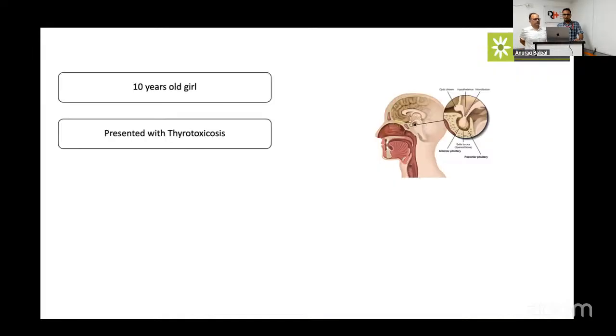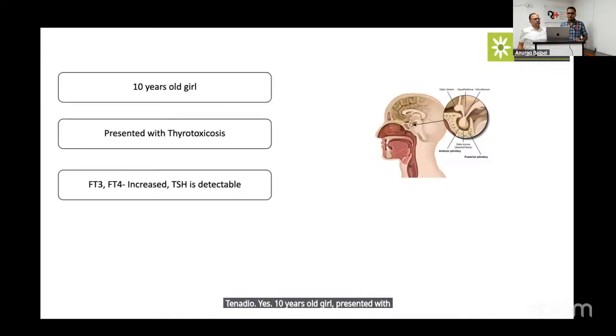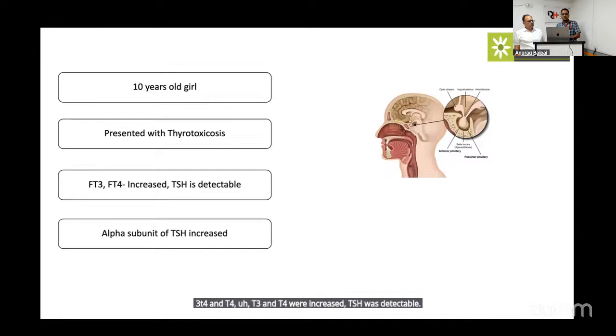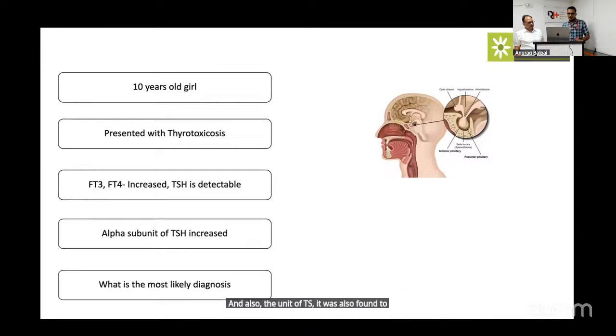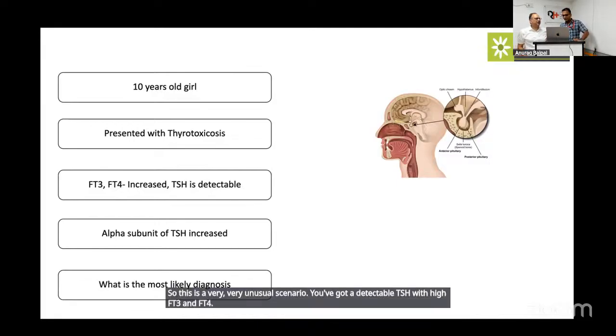10 years old girl presented with thyrotoxicosis. Free T3 and T4 were increased. TSH was detectable, and alpha subunit of TSH was also found to be increased. From this whole scenario, what is the most likely diagnosis? So this is a very, very unusual scenario. You've got a detectable TSH with high FT3 and FT4. We said only two possibilities are there.